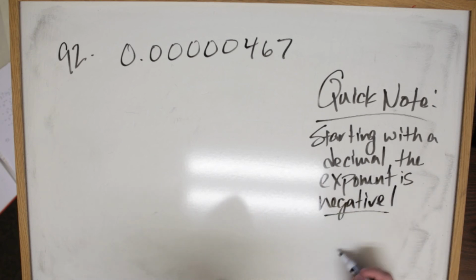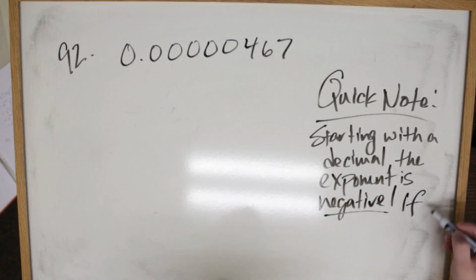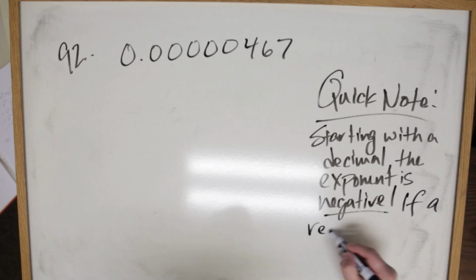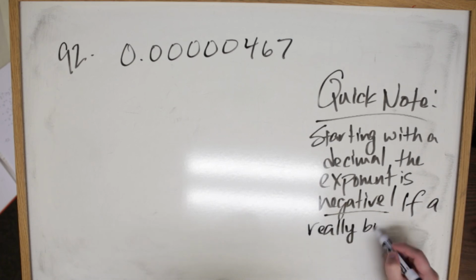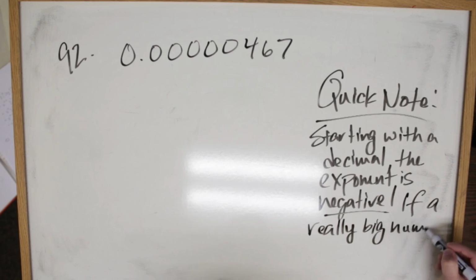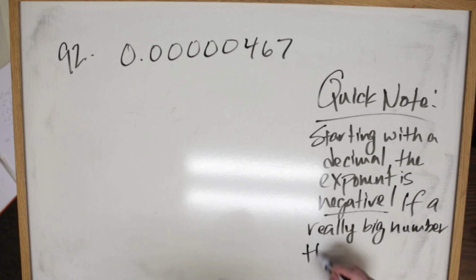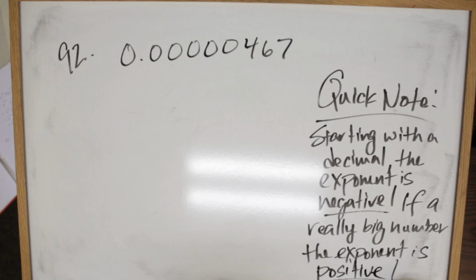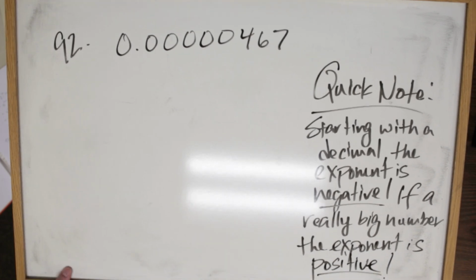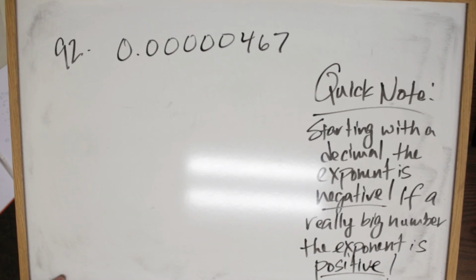If a really big number, the exponent is positive. You guessed it. So if I'm starting with a decimal, the exponent's going to be negative. If I've got a really big number, the exponent's positive.